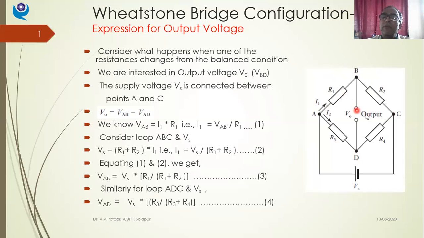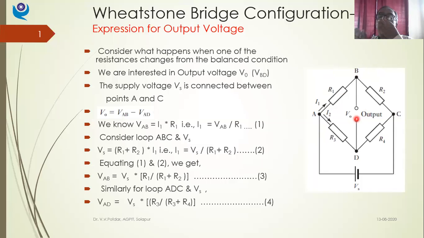And if we measure that output voltage, it will correspond to the change in resistance R1. That is, let us call it dR1. So in this exercise, we are going to derive the expression for output voltage V0 when the bridge is unbalanced.